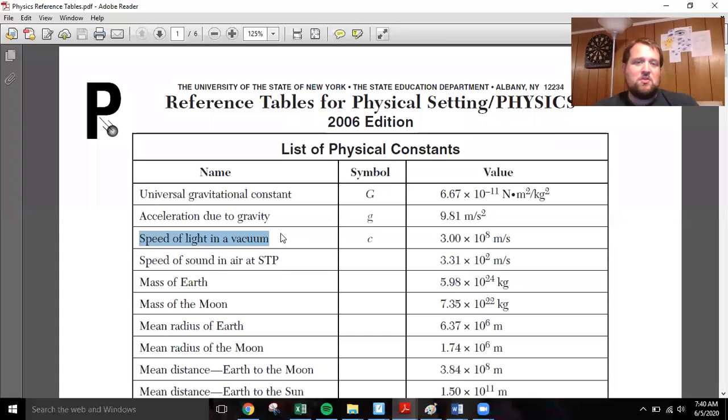In a vacuum, there's no matter, there's no particles, there's no nothing, and so those waves of energy are completely unhindered, and they move at a rate of about 3 times 10 to the 8 meters per second, 300 million meters per second. Is it 300? Did I just do my math wrong? I don't know. I think it's 300 million. It's not 30 million. Yeah, 300 million.